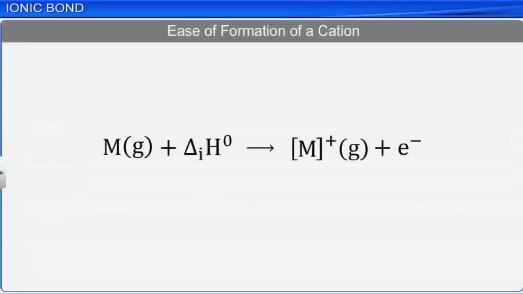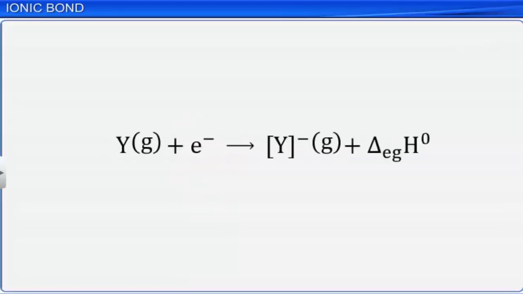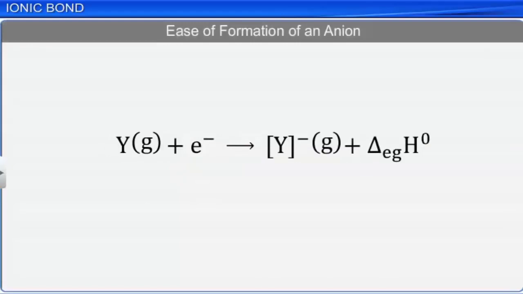The ease of formation of a cation depends on the magnitude of the ionization enthalpy. Lower the ionization enthalpy, easier the removal of electron, and hence greater is the ease of formation of cation. Similarly, the ease of formation of an anion depends on the magnitude of the electron gain enthalpy.